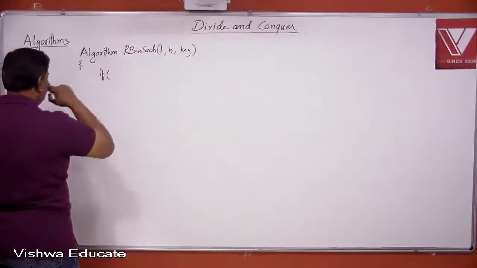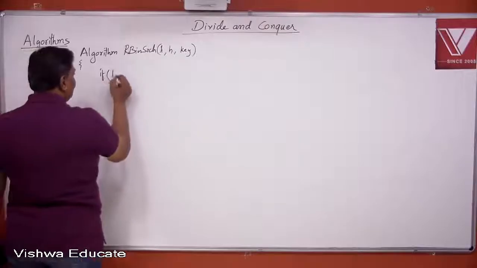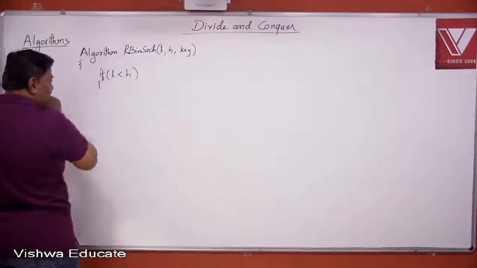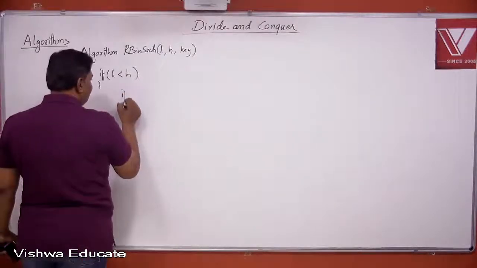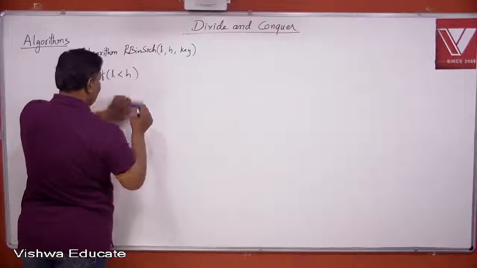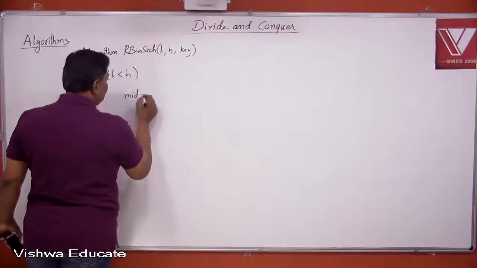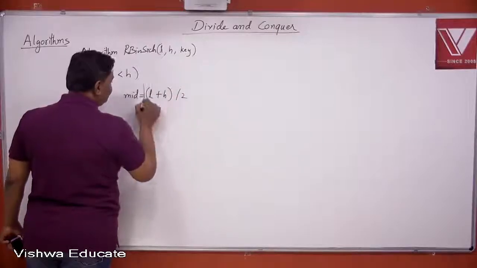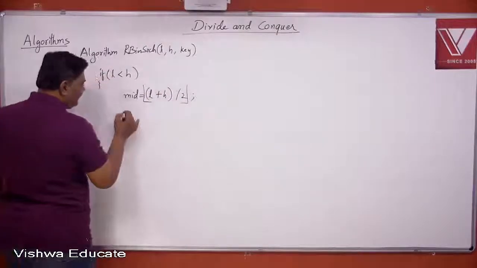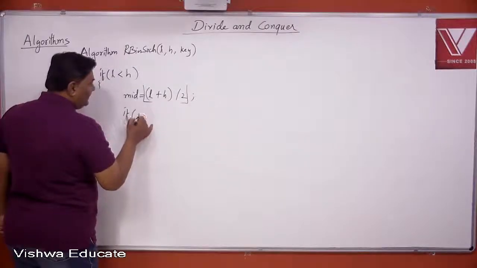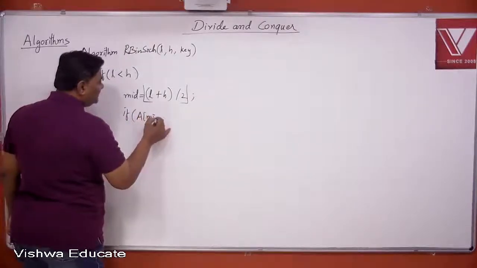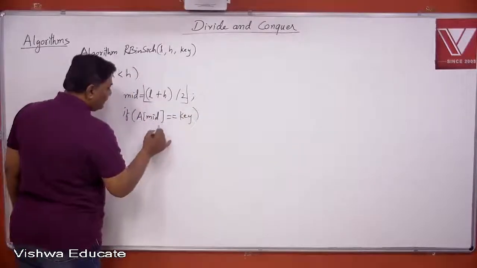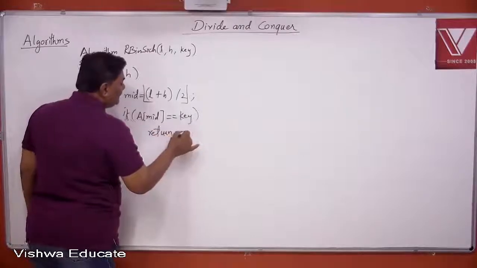If low is less than high, then only continue, right? Find out mid as floor of (low plus high) by 2. If A of mid is equal to key, then return mid.